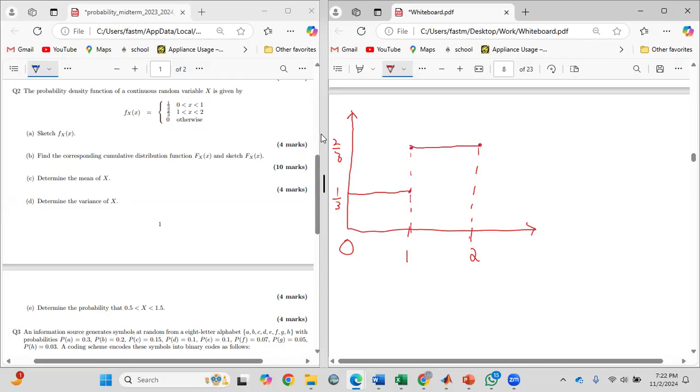So that is it. Label the axes x, and that is the PDF, which is part A.